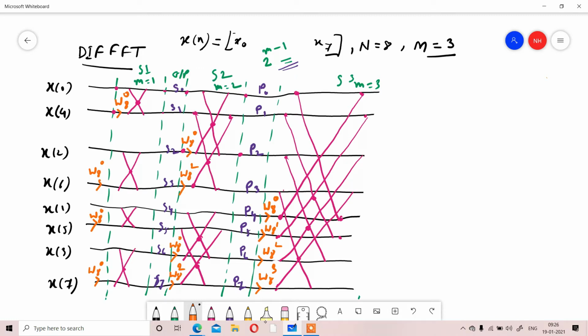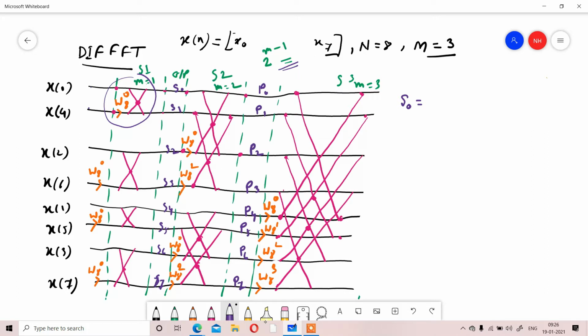From the first stage, what should be the value of S0? From the butterfly, first you have to choose the two inputs of that butterfly. S0 defines that butterfly, and the two inputs of that butterfly are X0 and X4.